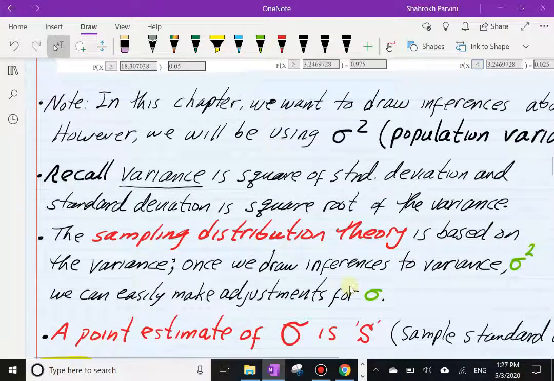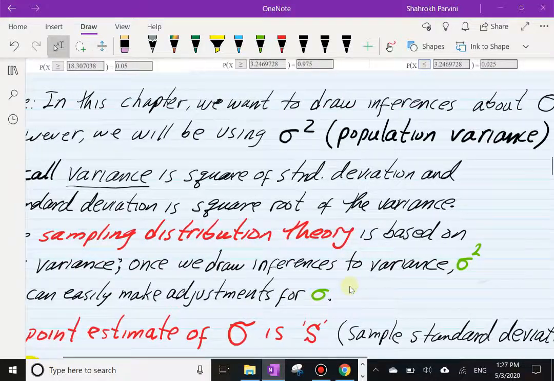So here's our first work toward estimating population deviation sigma, our first of 3 inferences. All our inferences are in 3 categories: point estimation, confidence interval, and hypothesis testing. Our point estimate of sigma is going to be S, the sample standard deviation.